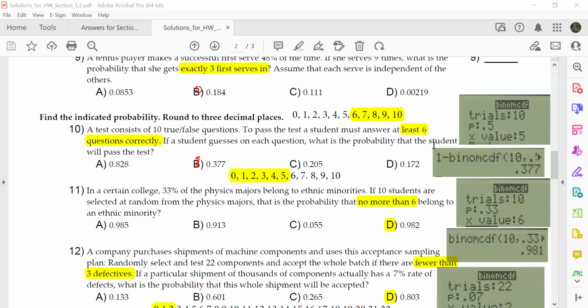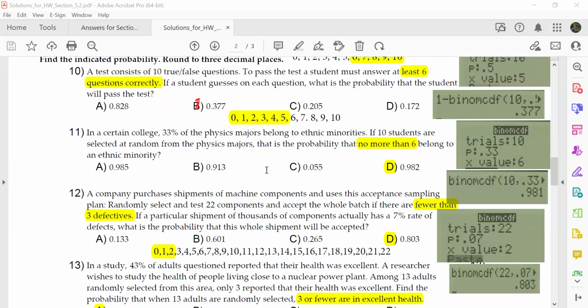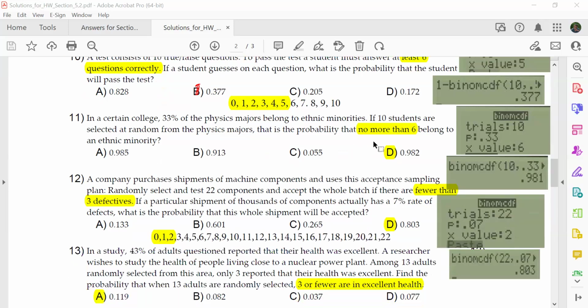Number 10, at least 6, would have been 0, 1, 2, 3, 4. Sorry, no, I mean number 11, my bad. 0, 1, 2, 3, 4, 5, right? Why don't we count 0 as more than 6? No more than 6 means 6 is good. 7's no good. So it'd be 0, 1, 2, 3, 4, 5, and 6.